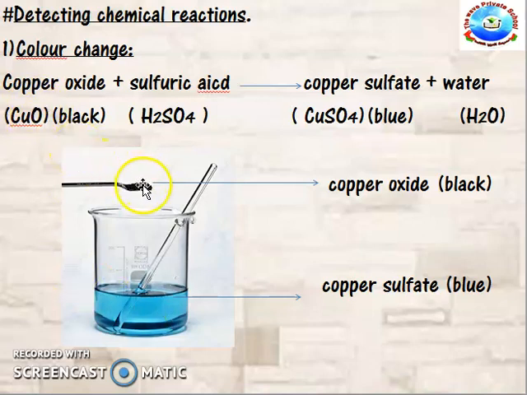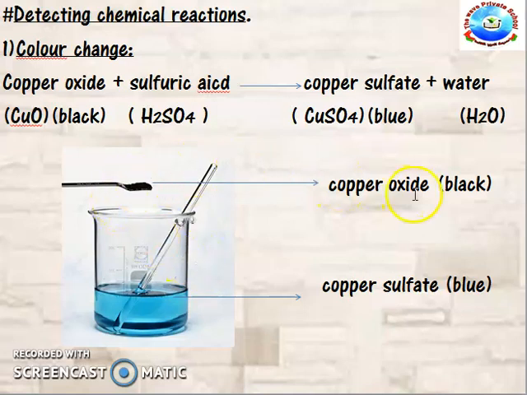This is copper oxide. Copper oxide, when it reacts with sulfuric acid, gives copper sulfate and water. You can see the copper oxide is black. When it gets mixed with sulfuric acid, you can see the solution turning blue. Got it? So there are some reactions in which there is a change in color. Isn't it interesting?